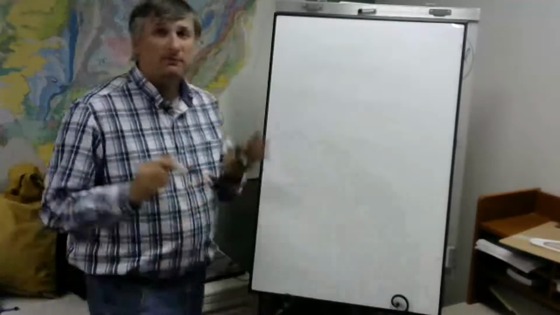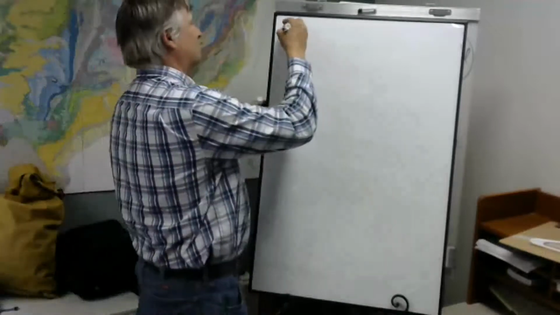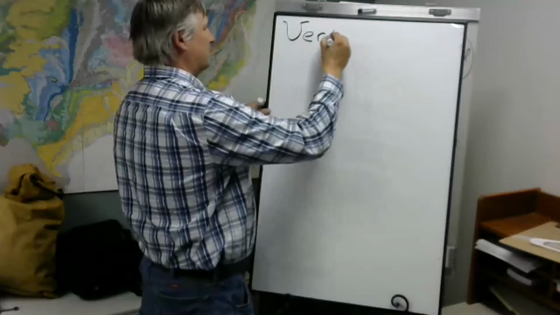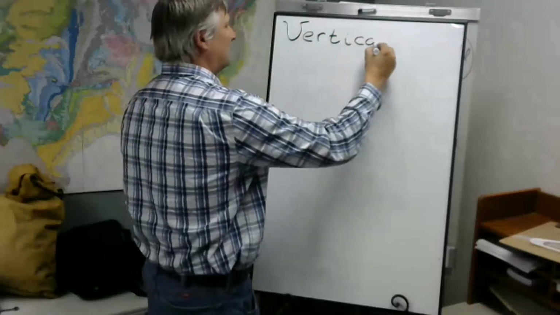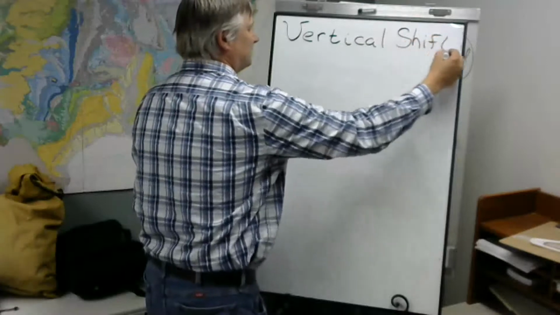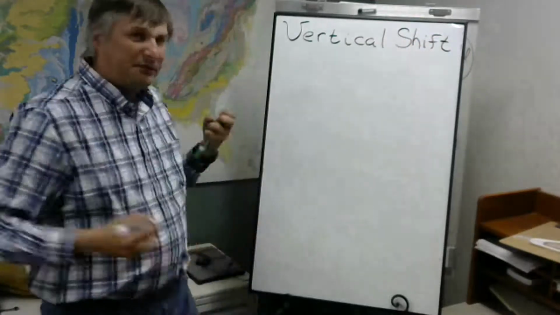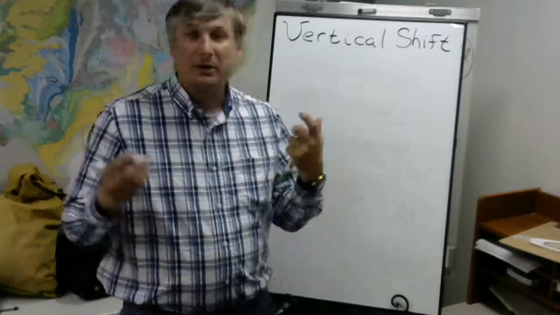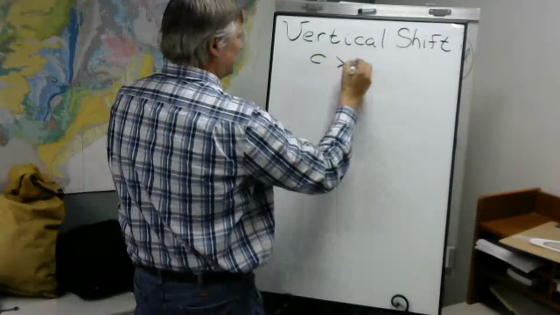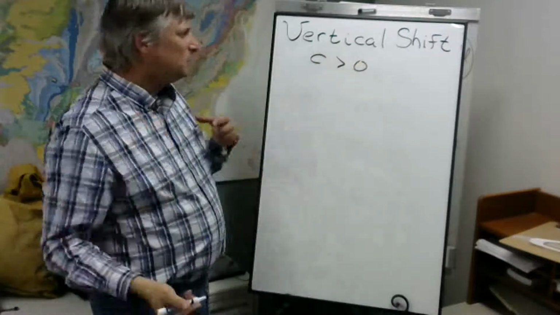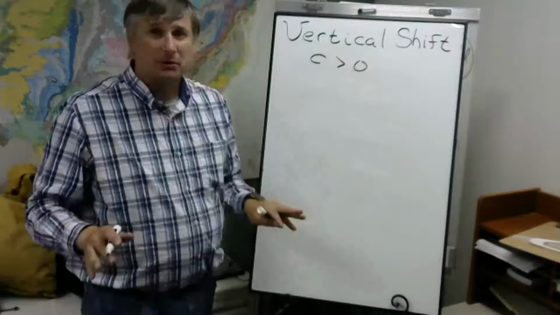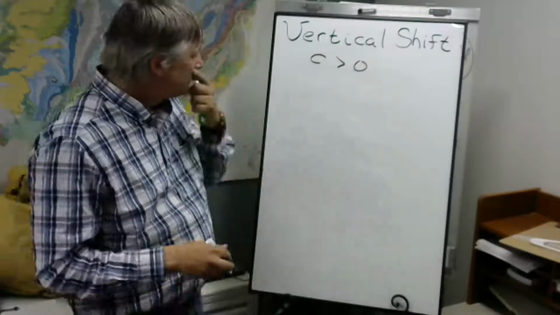So first off, vertical shift. Now let's consider a number c greater than 0, some constant greater than 0. So this could be 1, 2, 3, 4, a half, something like that. But it's not 0 and it's not negative.